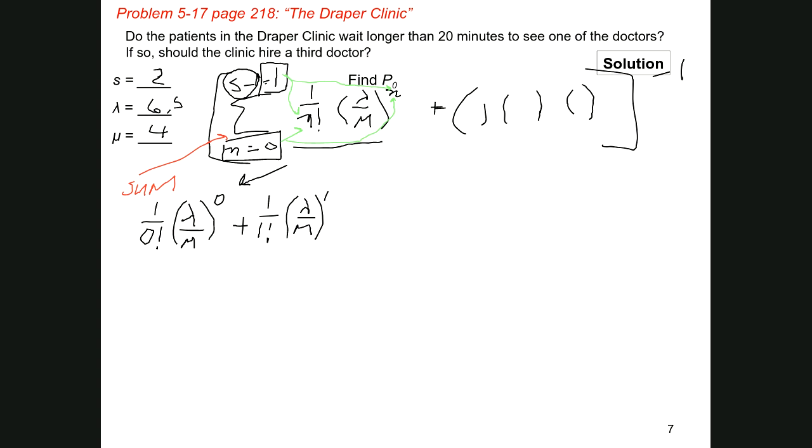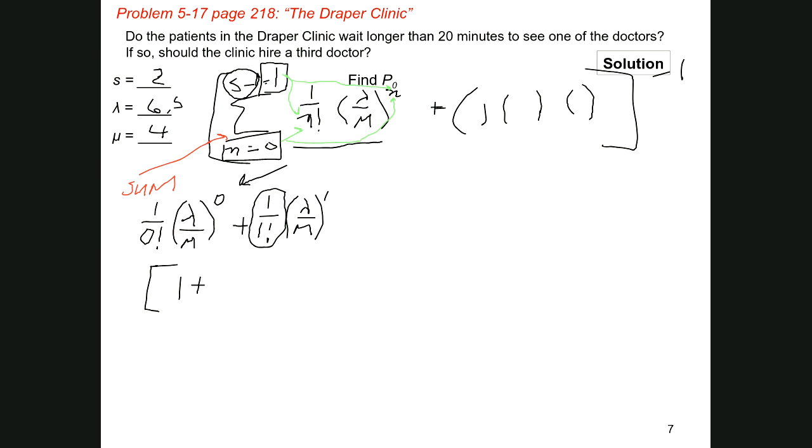And anything raised to the 0 power is 1. So the first term is 1 plus, again, 1 over 1 factorial is 1, times itself, so that's 1, and lambda over mu to the first power is just lambda over mu.